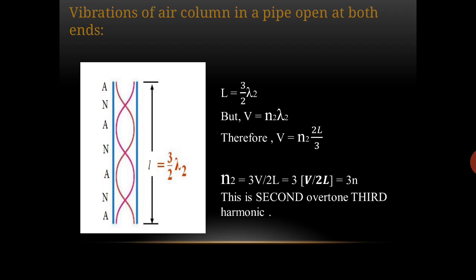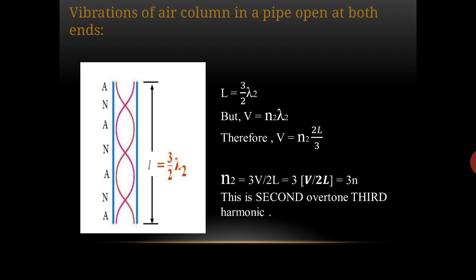Moving towards the third diagram, where 3 nodes and 4 antinodes are formed and the length of the air column is 3 by 2 lambda by 2, lambda 2.